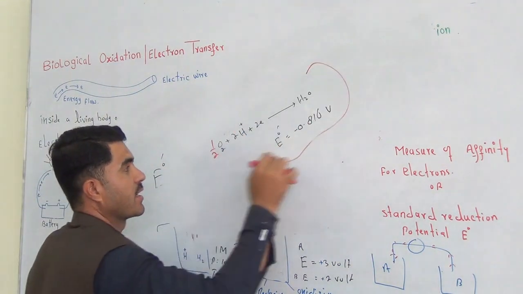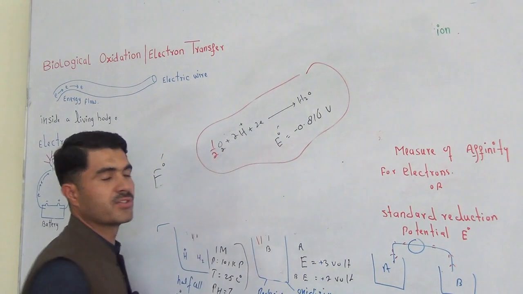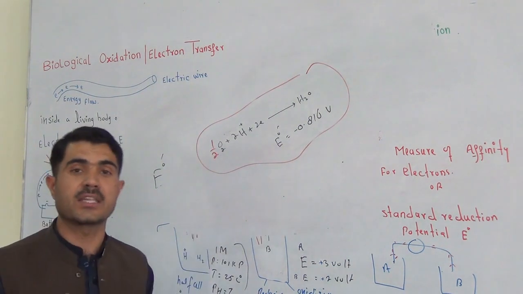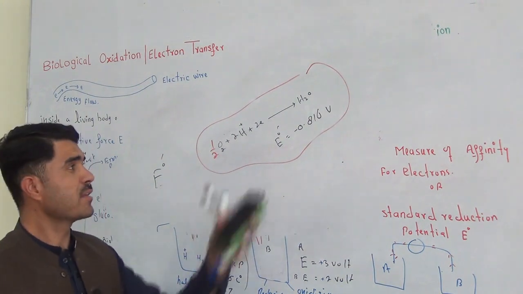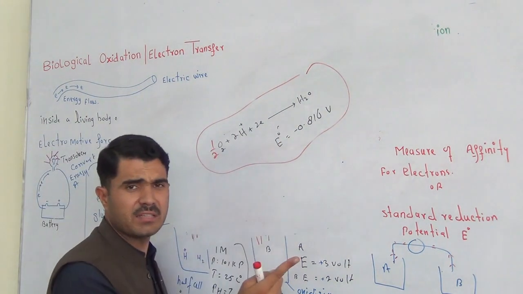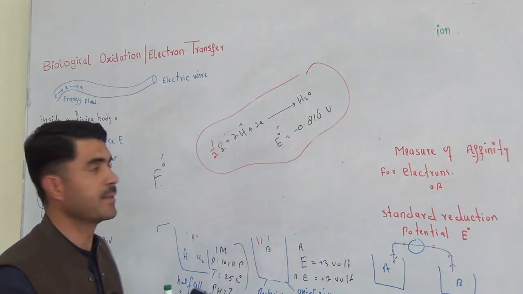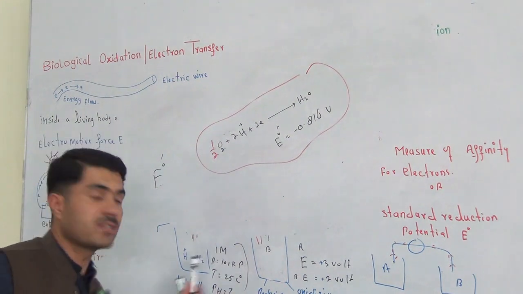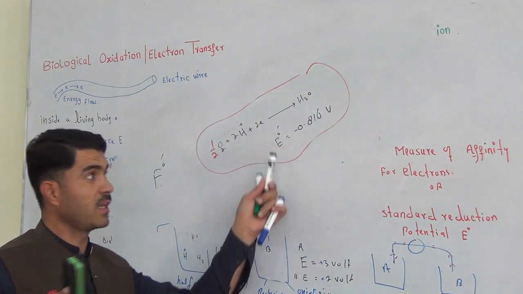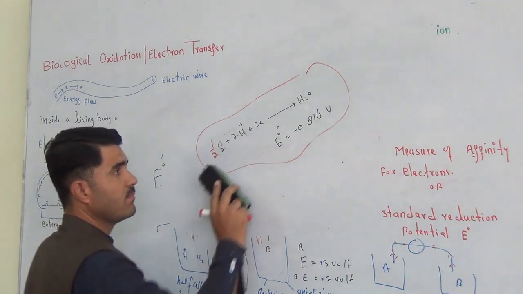Every reaction which involves electron transfer has a reduction potential, and some have negative values, others have positive signs. Remember, each of these values is given through that experiment, right?